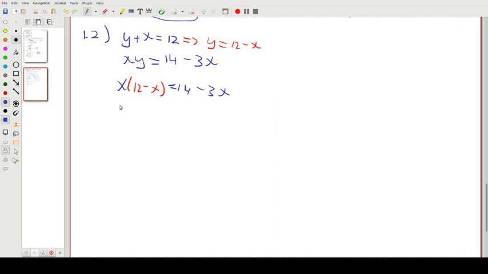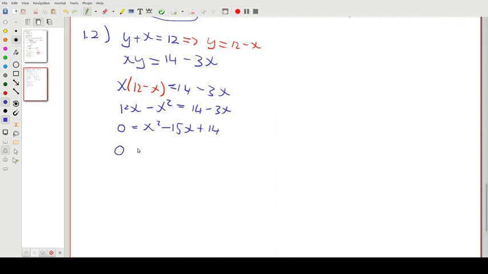And now we can multiply it. So this gives us 12x minus x squared equals 14 minus 3x. And then let's say we take everything to the right. So this becomes positive x squared, minus 3x minus 12x is minus 15x, and then plus 14.